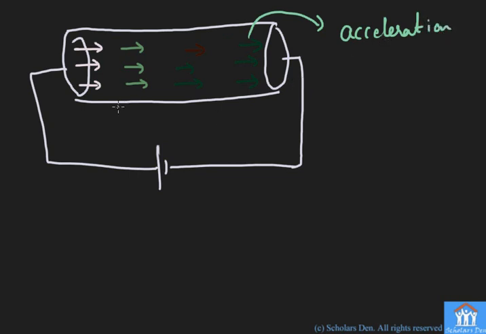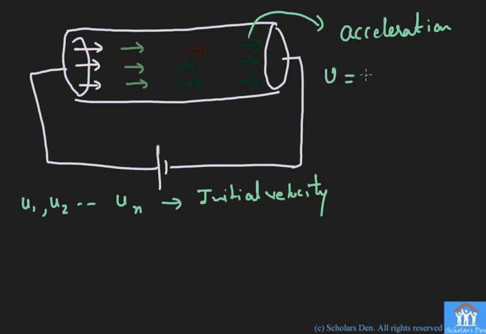Let me assume the initial velocities of the electrons are u1, u2, up to un. These are the initial velocities, meaning when the electric field was not applied. Now, because acceleration is present, we can use the equation v is equal to u plus at.